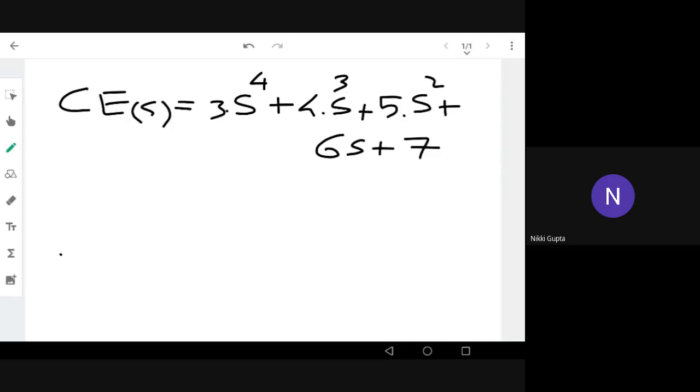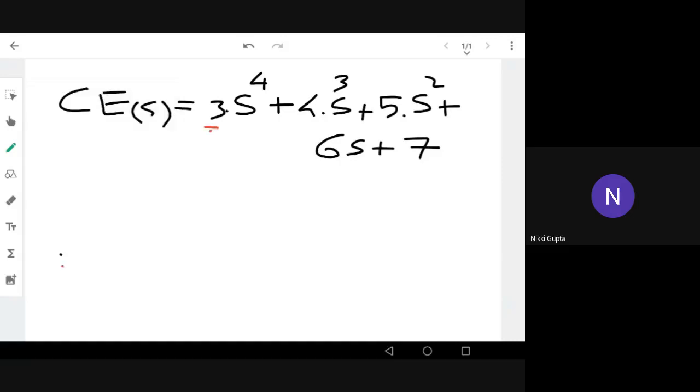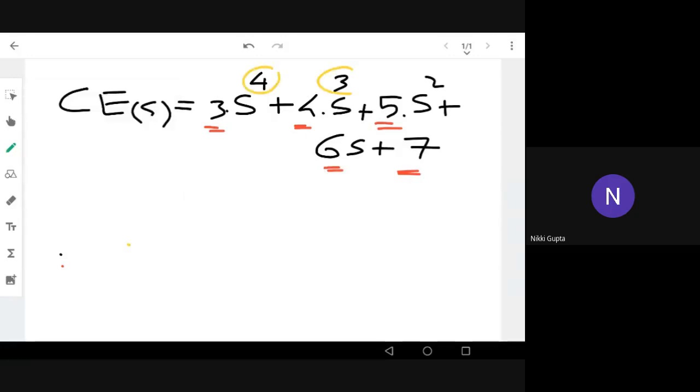Now try to find whether this system is stable or not. I'm just randomly putting some coefficients 3, 4, 5, 6, and 7. First, you should check whether all powers of s are present: s raised to 4, s raised to 3, s raised to 2, s raised to 1, and s raised to 0. Now we can start the procedure. Please try it and tell me whether the system is stable or not.